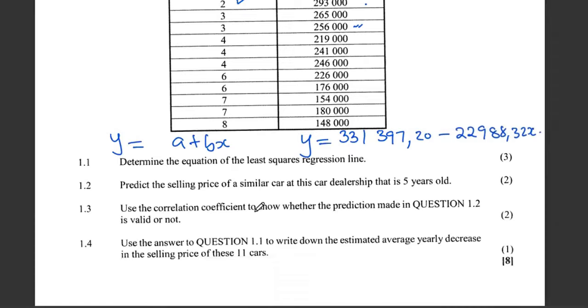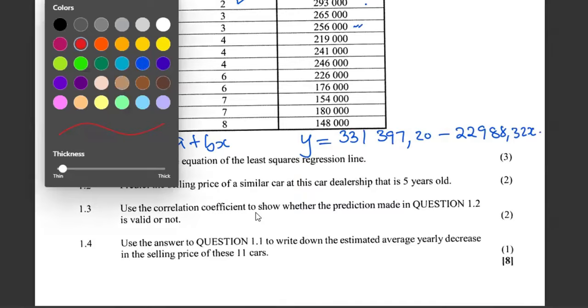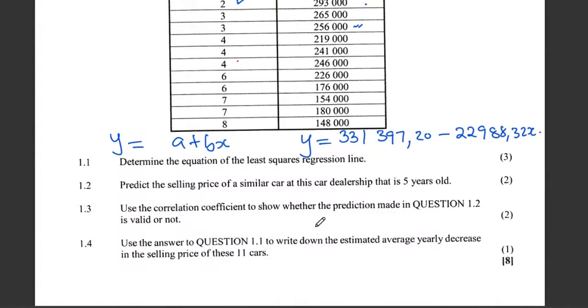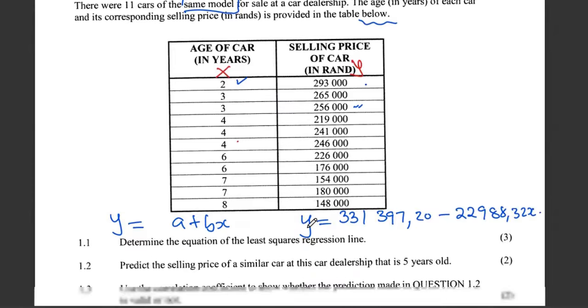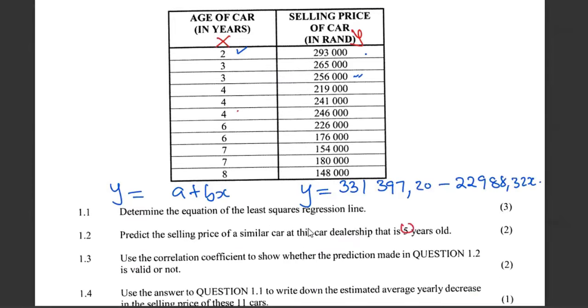And then 1.2, can we predict the selling price of a similar car in the car dealership after 5 years? So we know that the year or the age of the car is representing the x, and then the price is the y. So where there is x, we're going to replace it with a 5. So our y is going to be 331,397,20 minus 22988,32 times 5.